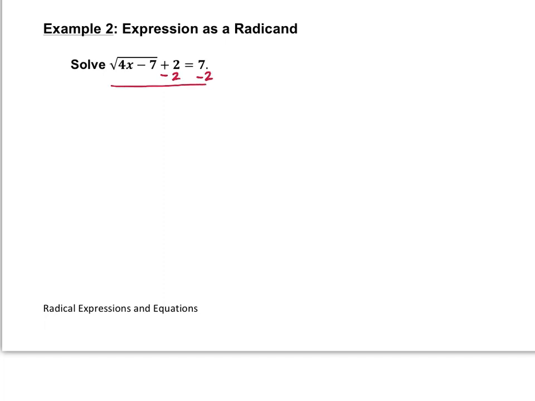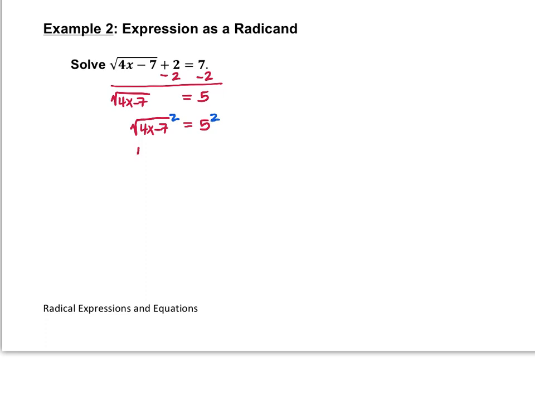So we subtract 2 from both sides, and we end up with the square root of 4x minus 7 is equal to 7 minus 2, which is 5. Now we've actually isolated the radical, and because it says square root of 4x minus 7 equals 5, we can square both sides.